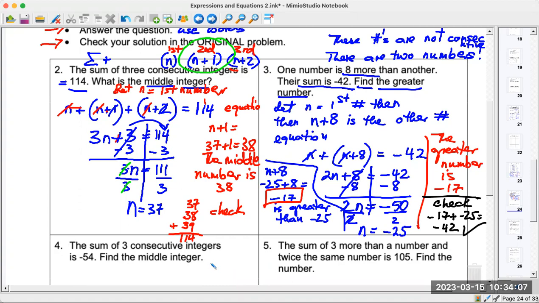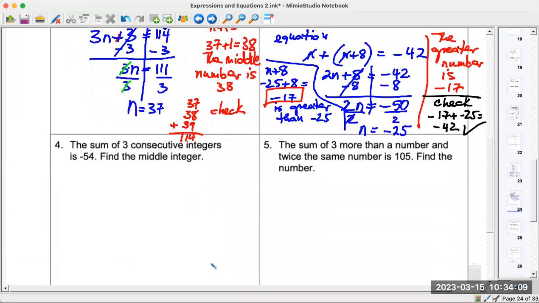Now your job is to do number 4 and 5. These are consecutive. So this is homework and this is homework. Consecutive means they're next to each other. I'm going to start you up. Let n be the first number. I always like to use let.